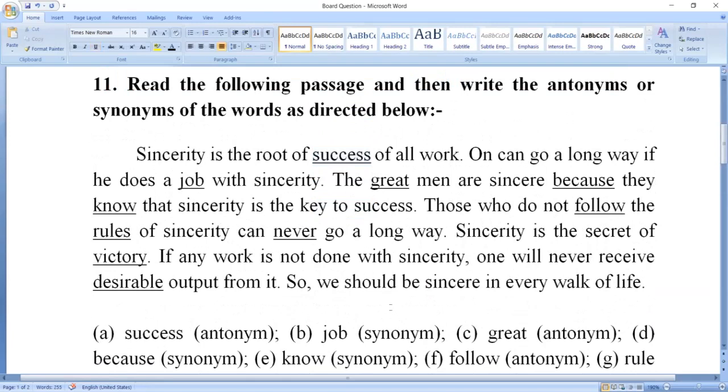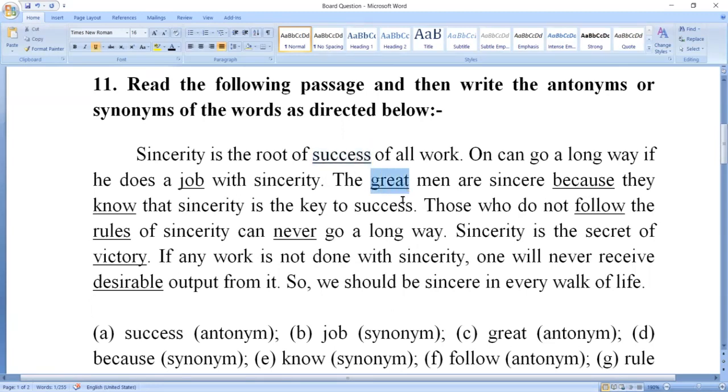and you need to just write the directed one. That is, either you have to write the synonym of a particular word or the antonym. You don't need to write the whole text or passage in your answer script, or the words given in the text.